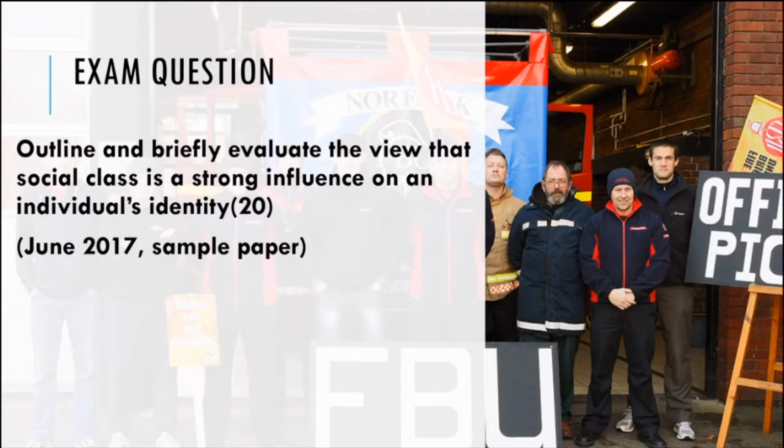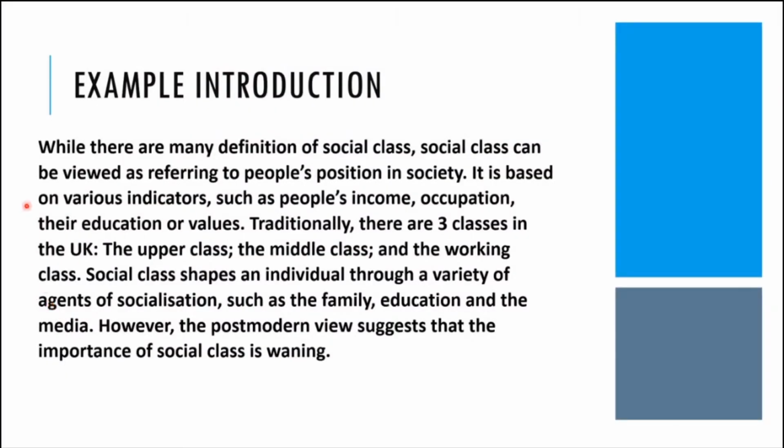So in this question, the view of the question is that social class is reinforced by the agents of socialisation, that social class is still important in today's society. So you're going to need to give 3 arguments in favour of this point of view and 2 arguments against, which is 2 arguments saying that social class is no longer important or that social class identity is changing in modern society.